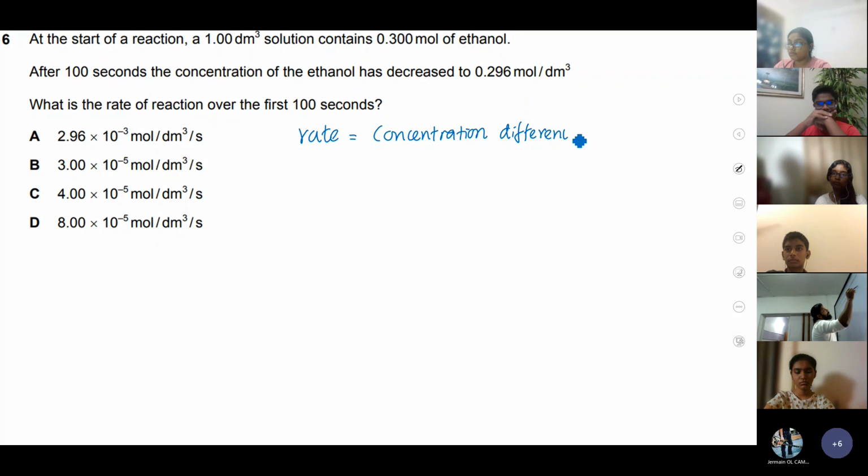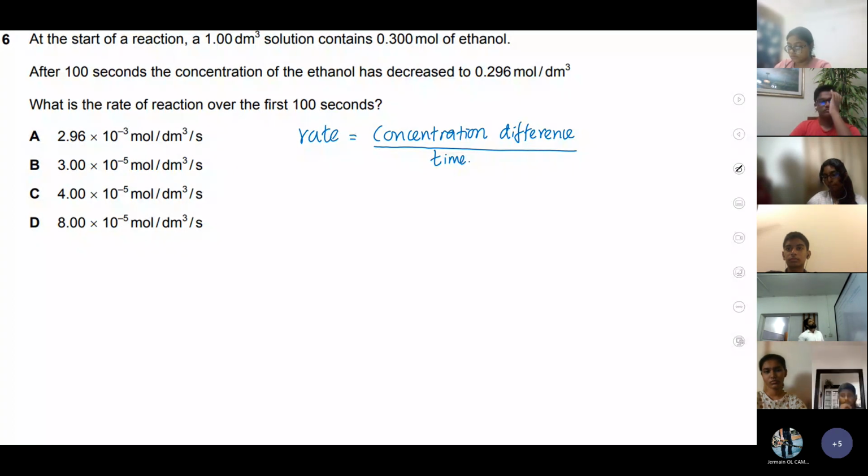Concentration difference during a particular time period divided by that time. Agreed? That is the definition of the rate equation. First, we must take the details they have given. Right? Let's say now, what is the concentration difference?